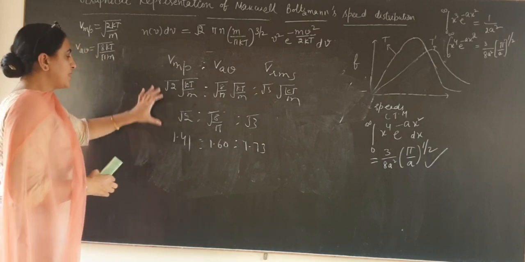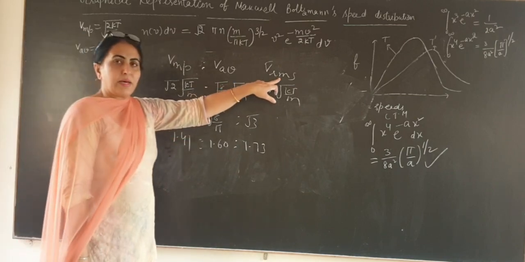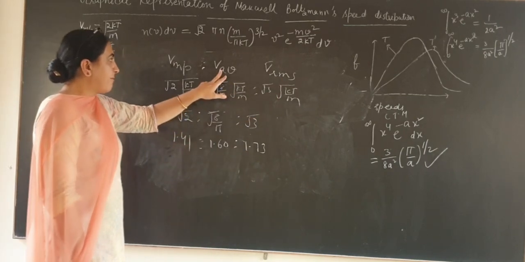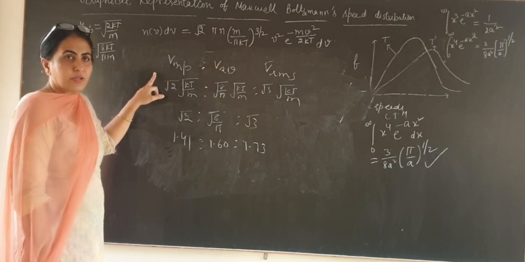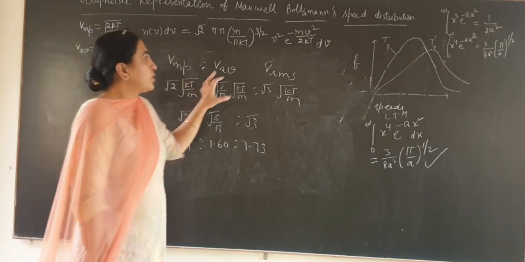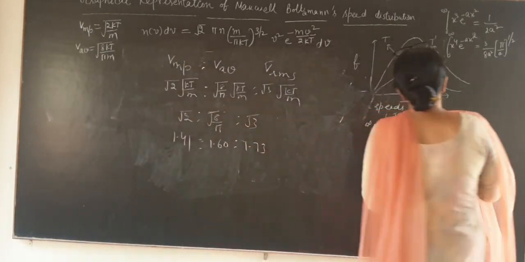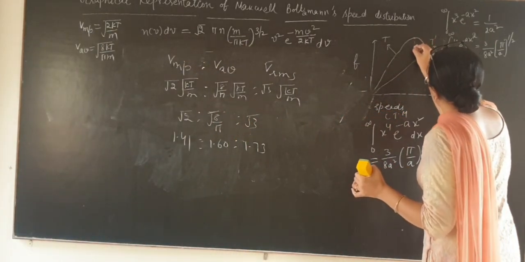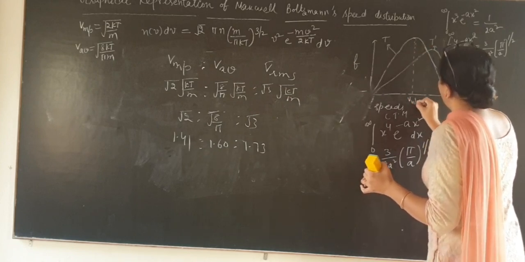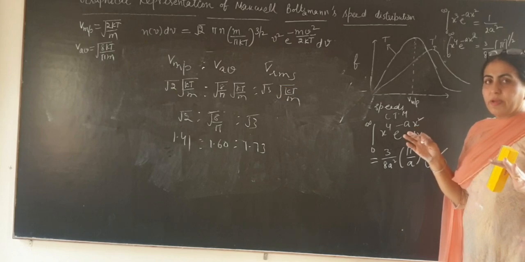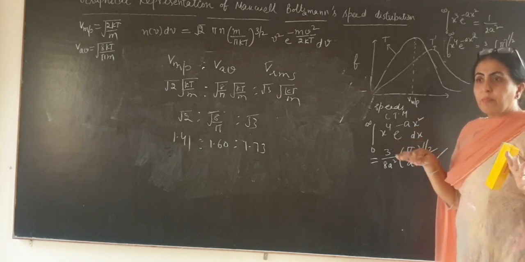So from this, which speed is more? Vrms is more than V average, and V average is more than most probable velocity. When you represent these in the graph, the maximum of the curve is at the most probable speed, because the most probable speed is that speed possessed by the maximum number of particles.